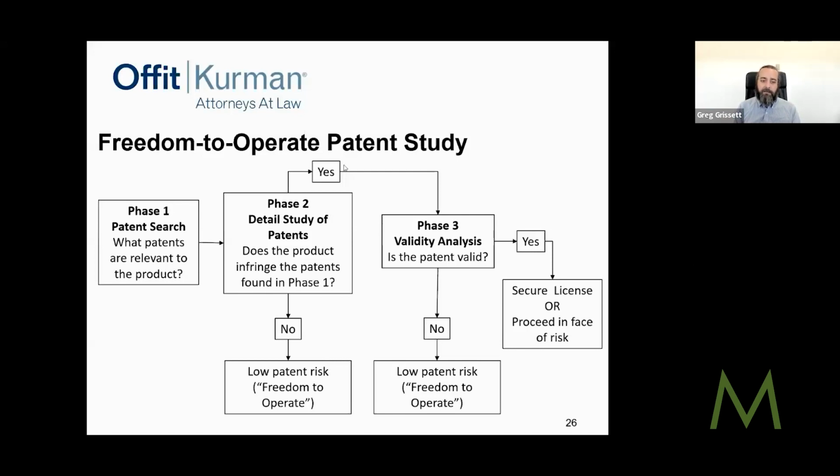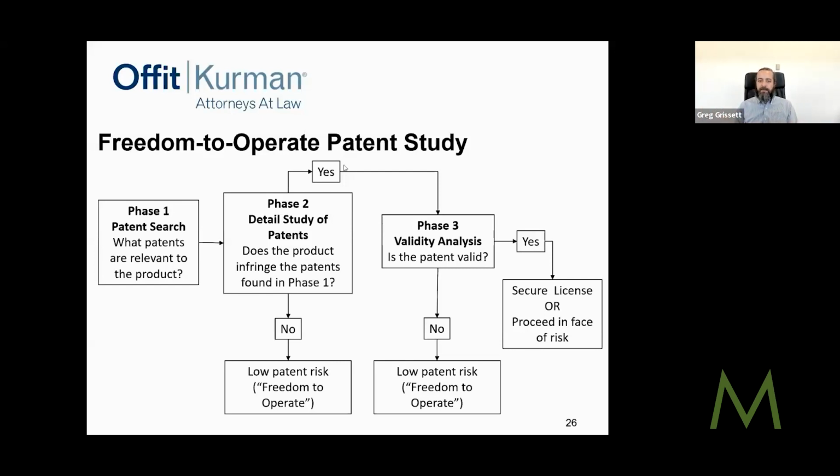We have a number of clients that have alerts on particular inventors and particular patent owners, where we see publications coming up and evaluate them. So the idea is, however you compile these patents that are more or less relevant to your product, filtering them down until you get to maybe 5 or 10 or 15 that may be relevant.